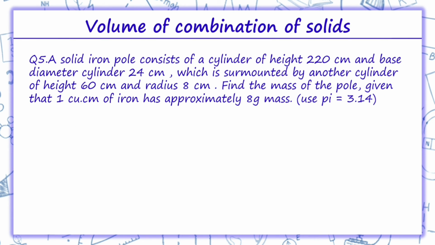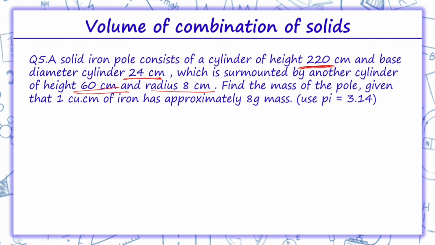Now the next question is, a solid iron pole consists of a cylinder of height 220 centimeter and base diameter 24 centimeter, which is surmounted by another cylinder of height 60 centimeter and radius 8 centimeter.